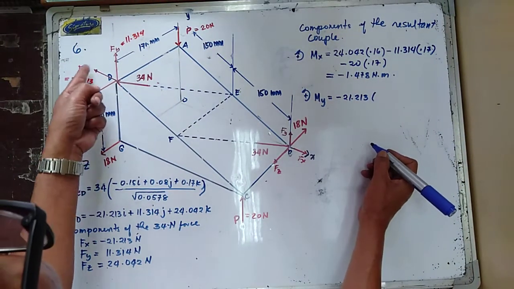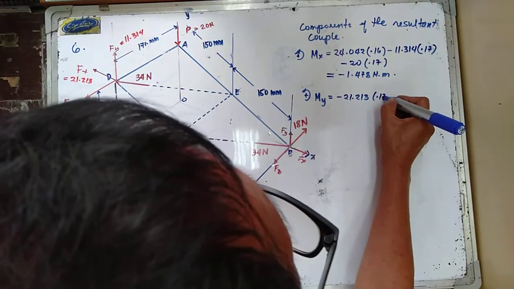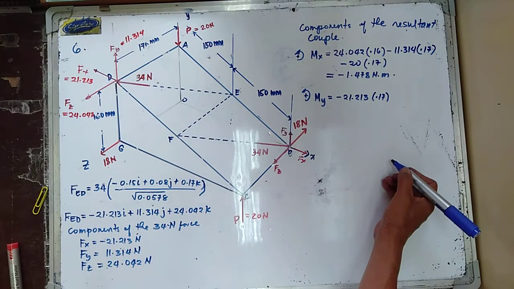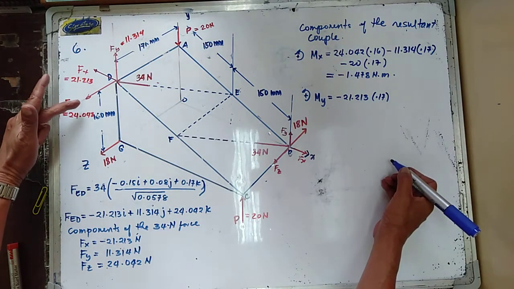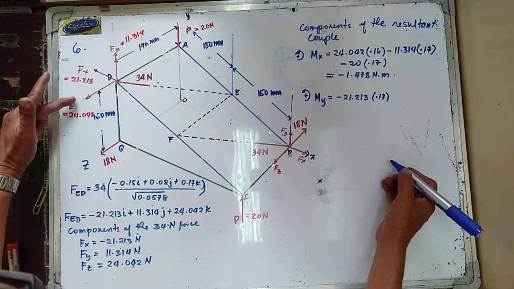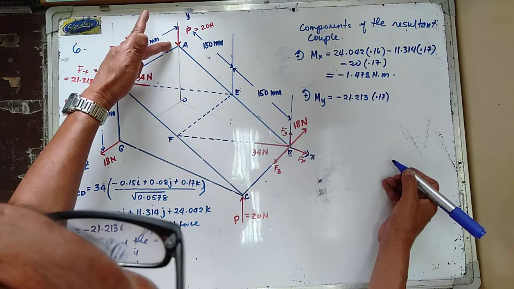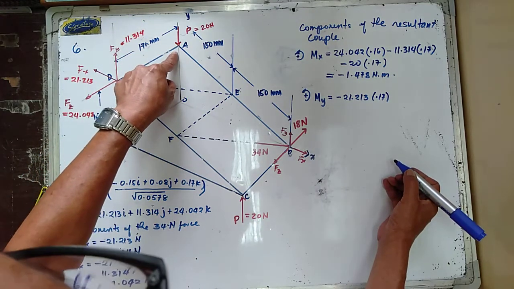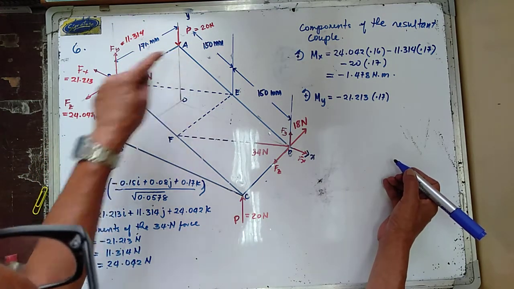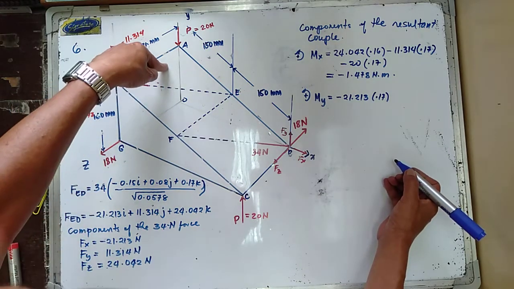The moment arm is 170 mm, so that is 0.17. Fj in here, which is equal to 24.042, intersects the y-axis, and therefore this has no moment.